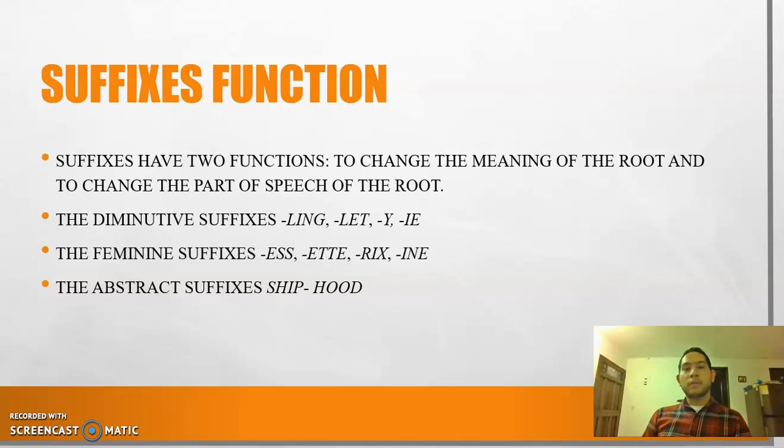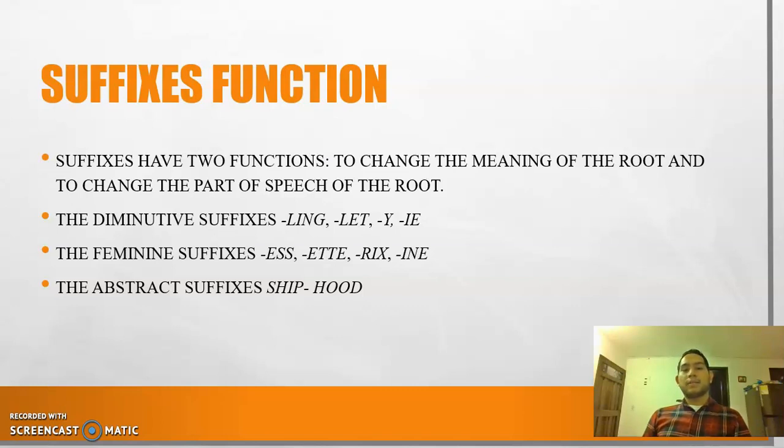If you add to the word dad the letter y, now it changes to daddy. The feminine suffixes are ess, ette, trix, ine. For example, in actress, it means that the person is a woman.